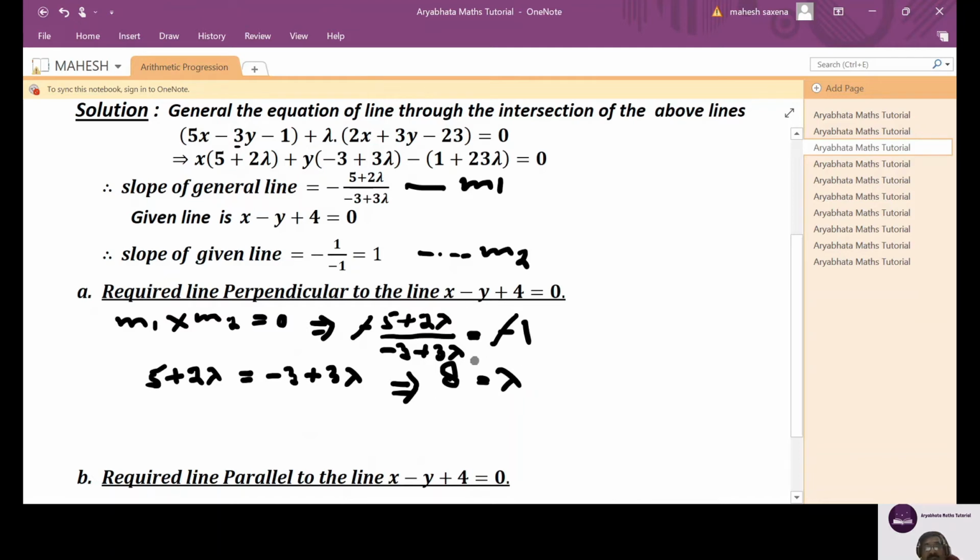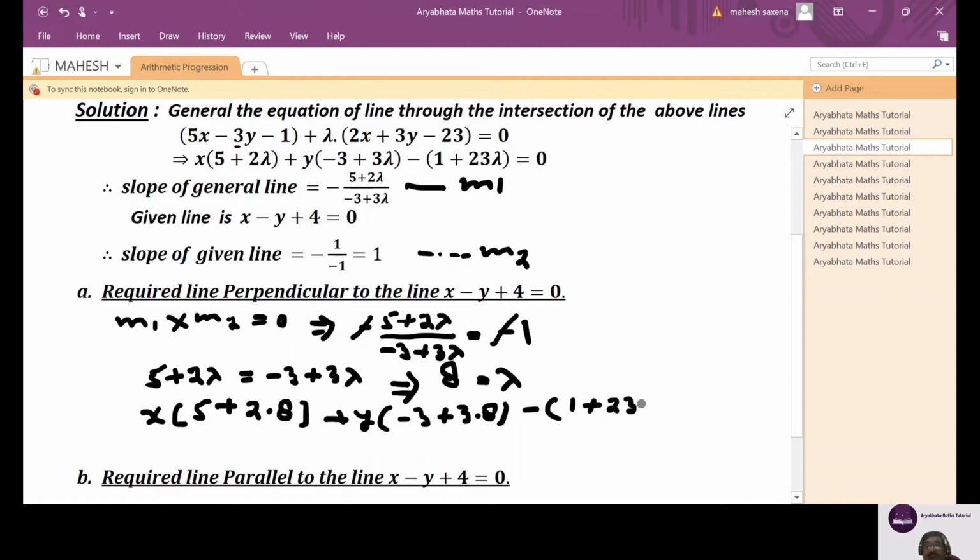Now we put the value of this λ in this equation, so it will be x(5 + 2×8) + y(−3 + 3×8) − 1 + 23×8 = 0.